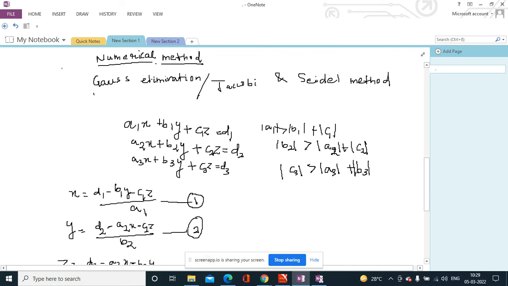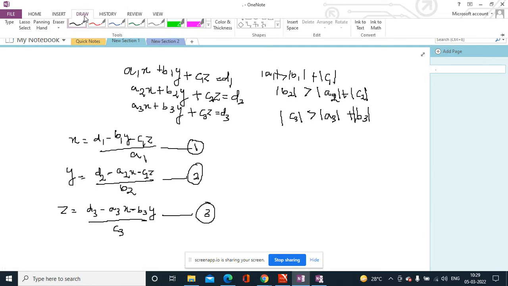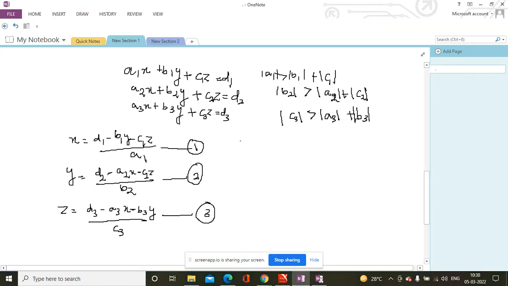In case of the Gauss Jacobi method, we'll obtain x1, y1 and z1 as the first iteration. We get x1 from equation 1 by putting y equal to 0 and z equal to 0.